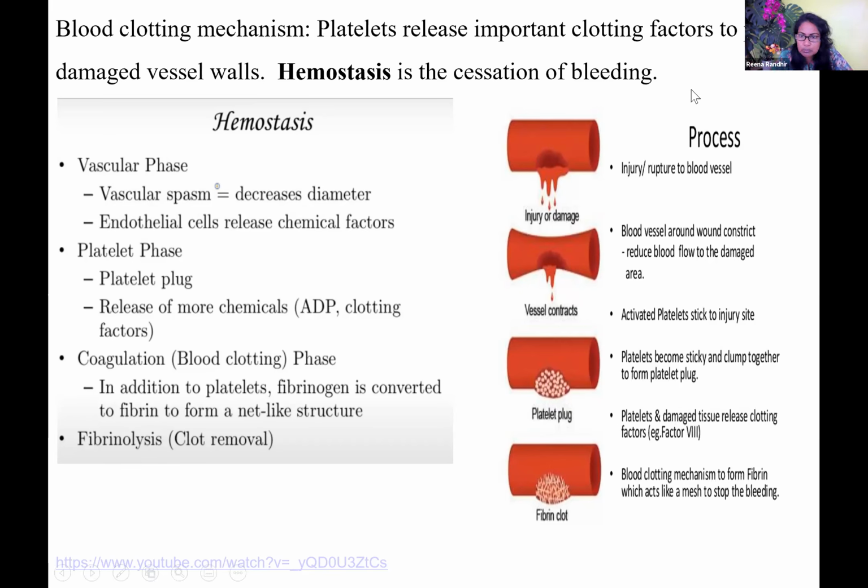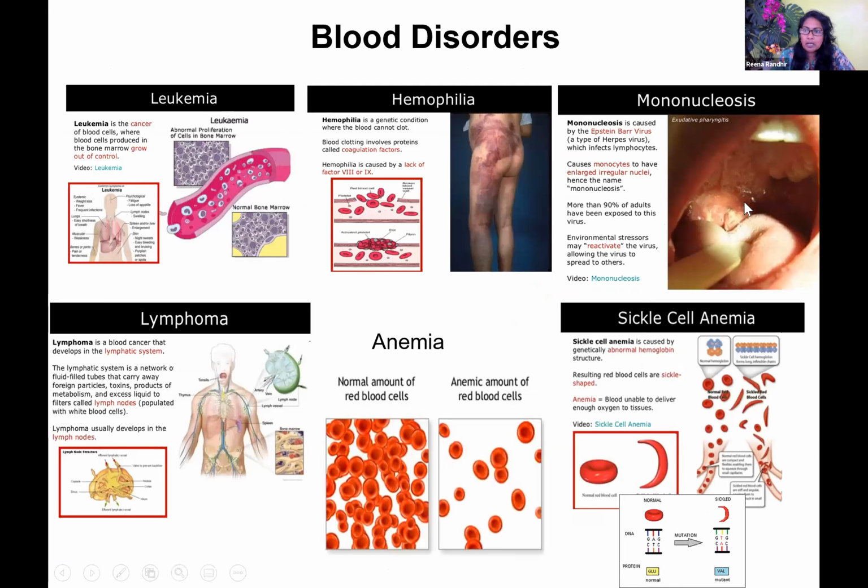So the procedure is written here. Platelets and damaged tissue will release clotting factors. Factor 8 is a very important factor. And then it will stop the bleeding. Here's a good video for you to watch that will narrate the different steps of how a blood clot is formed. So this is the last slide.